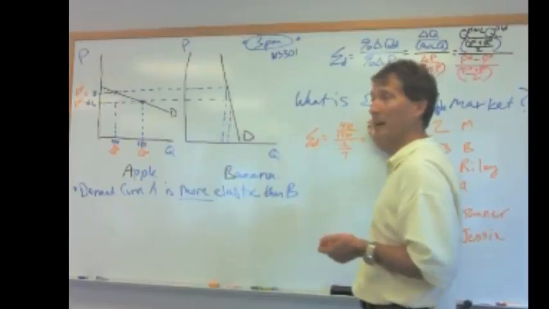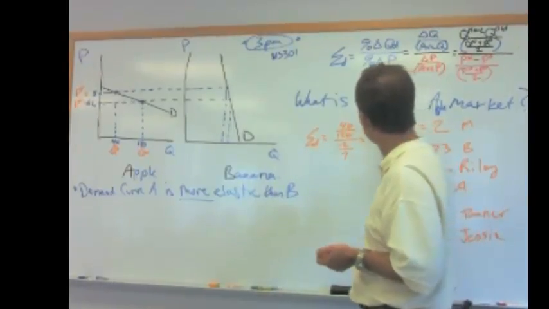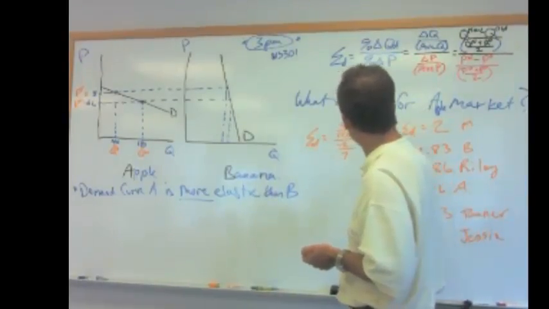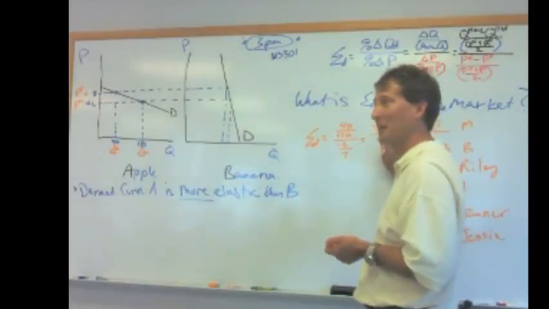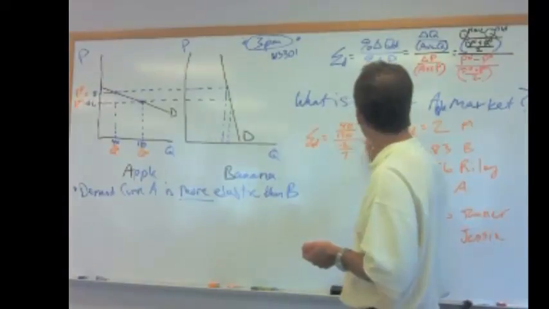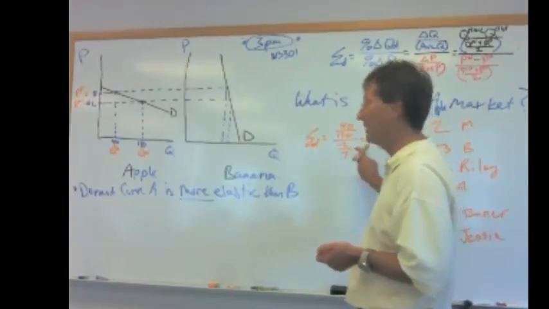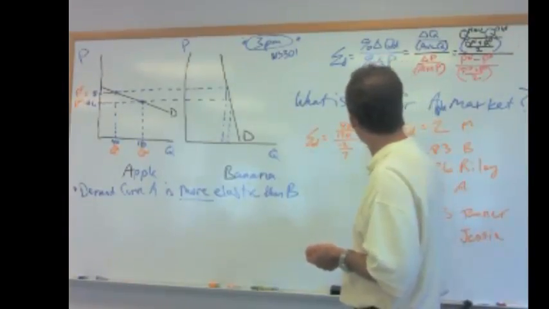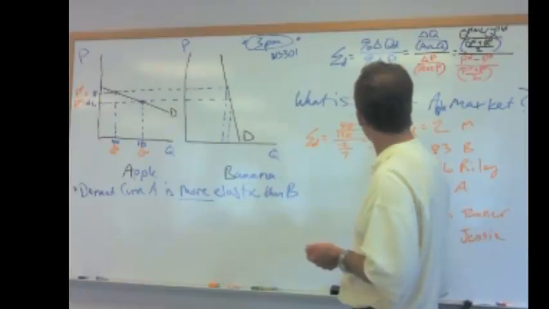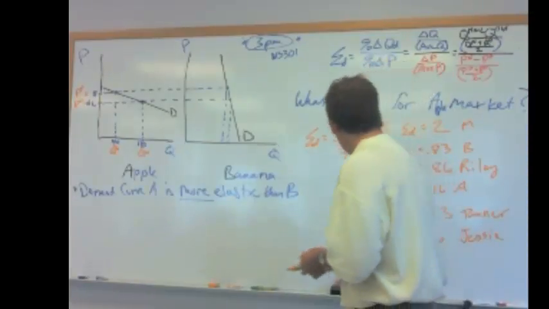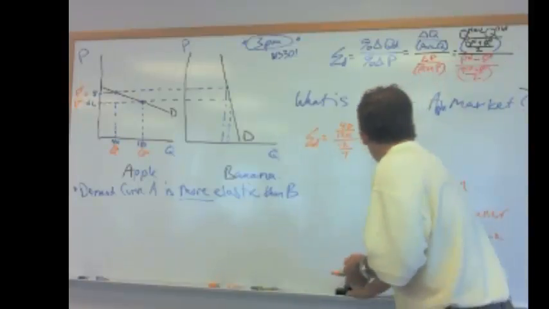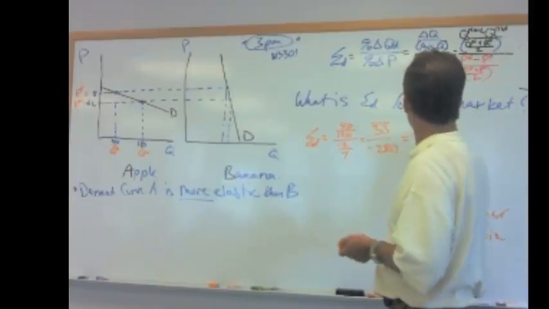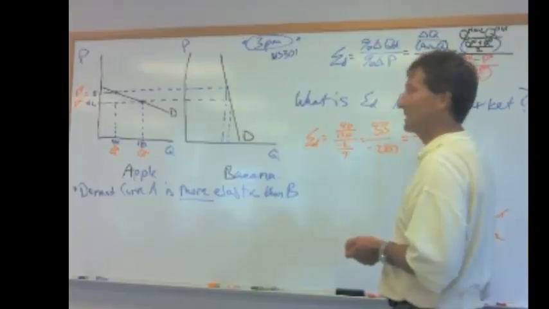And help me out here, 40 divided by 120 is 0.333? And 2 divided by 7? 0.2857. Those two divided by each other gives you negative 1.17.